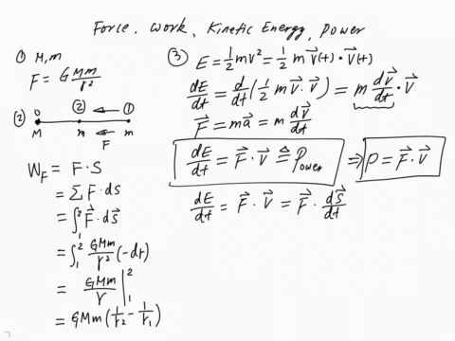When you take the derivative of that in the same coordinate, you get velocity as a function of time. If we multiply dt on both sides, then we get dE equal to F dot ds.